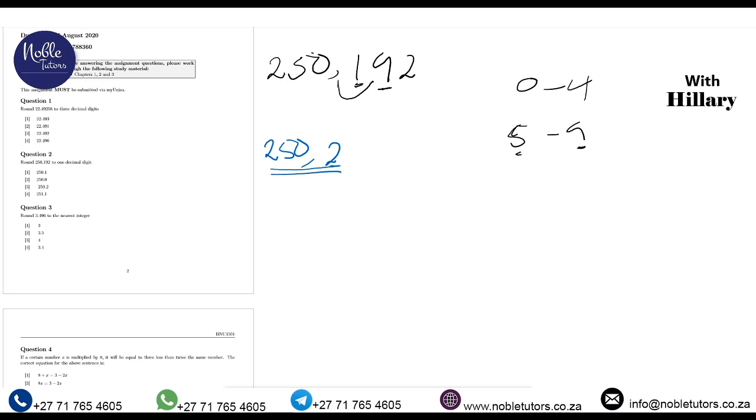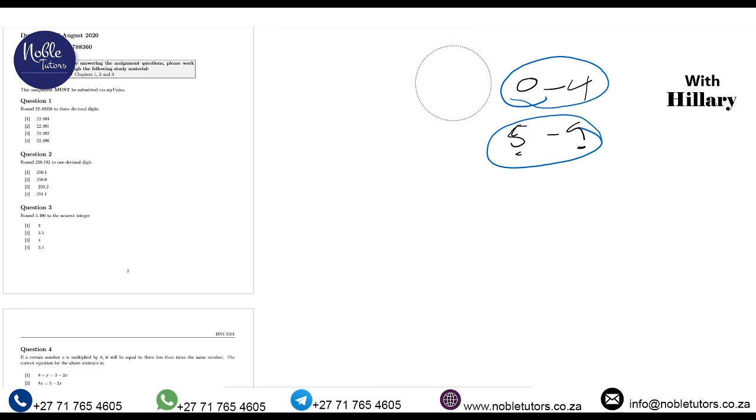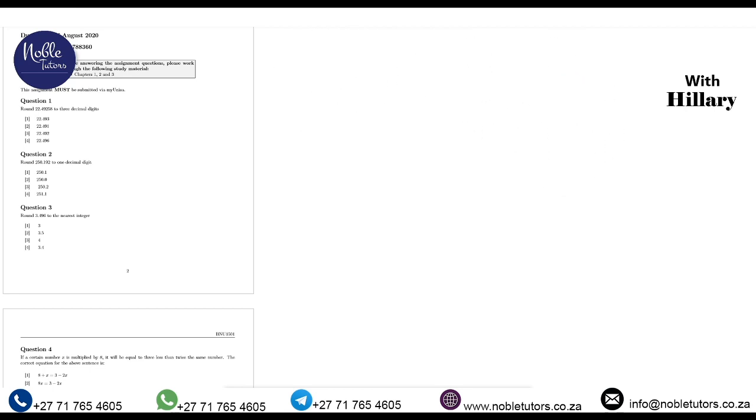Whenever they talk about rounding off figures, you need to check if the number is between 0 to 4 or 5 to 9. Say for example, they said round off a number to 2 decimal digits, like the same number, 250.192 to 2 decimal digits.